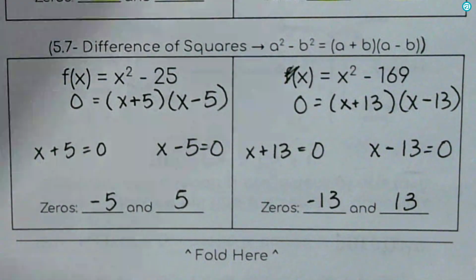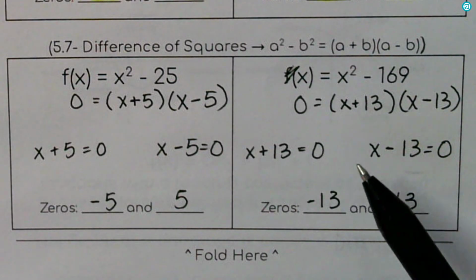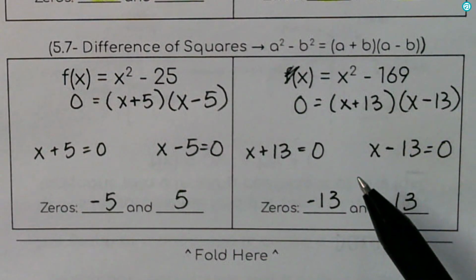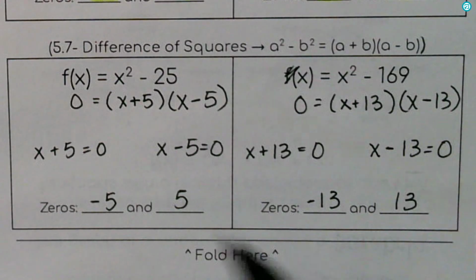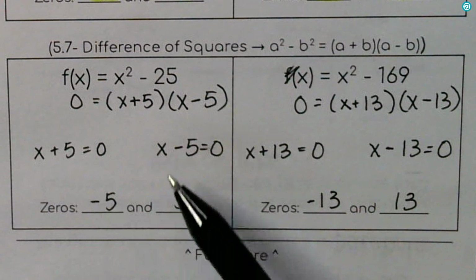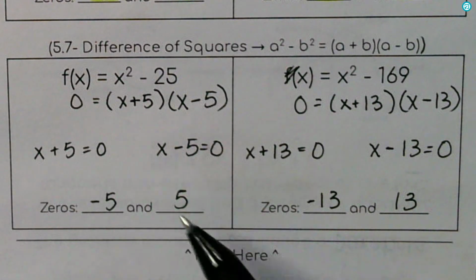Okay, pause. We need to talk about something before you all just start ignoring me and gluing in your notes, okay? This problem right here. Did we already do this problem? Okay, where have we done this problem before? On the front. So these problems here, you can factor using difference of squares and find your zeros that way.